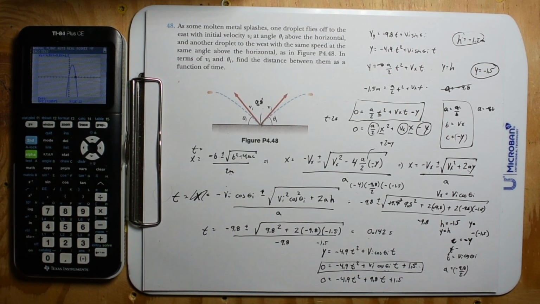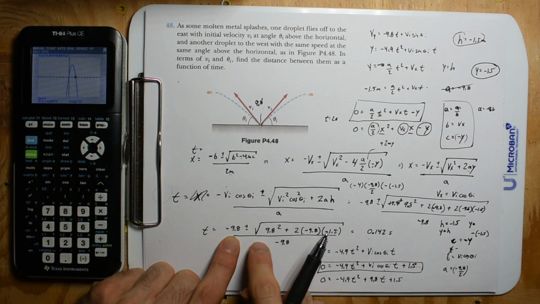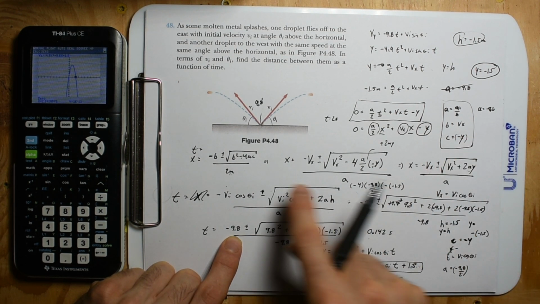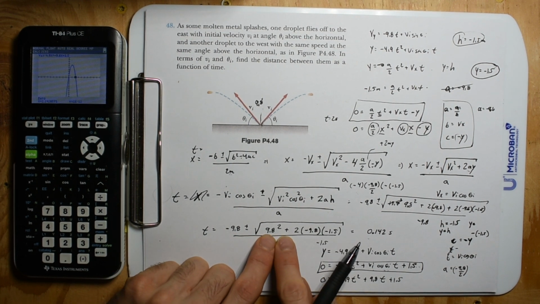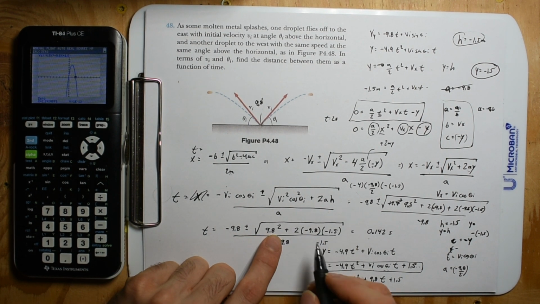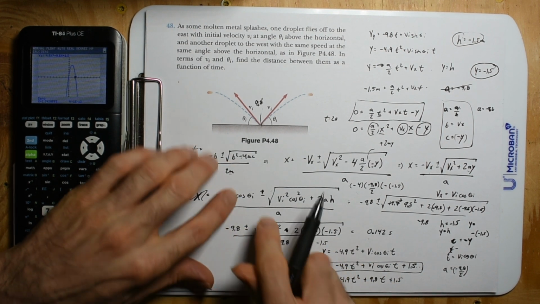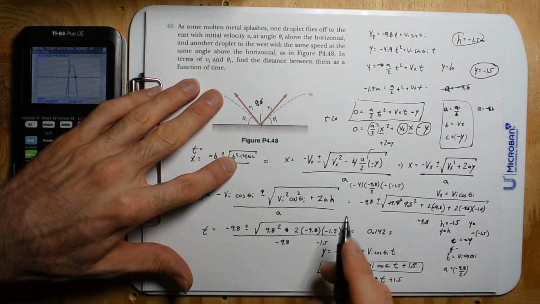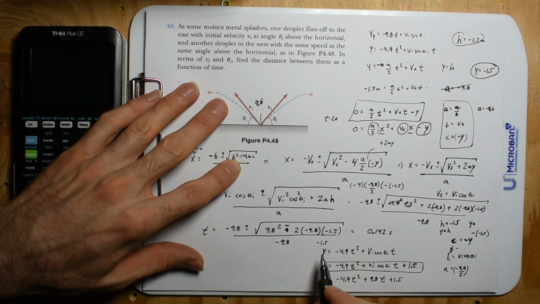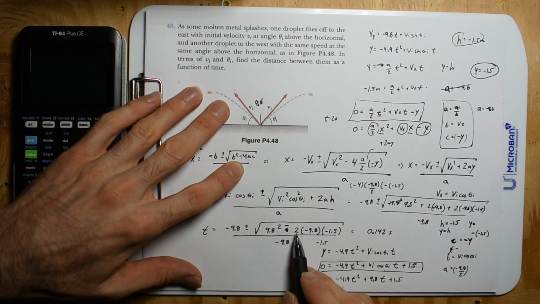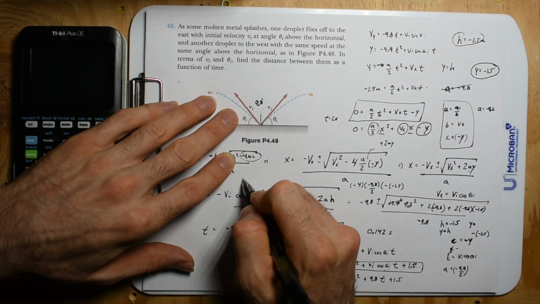And then the quadratic is negative b plus or minus the square root of b squared minus 4ac. That minus 4ac term always gets me.